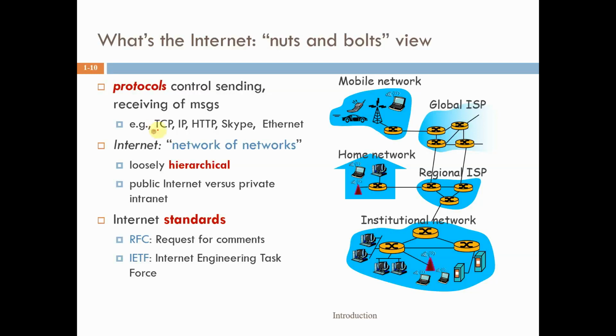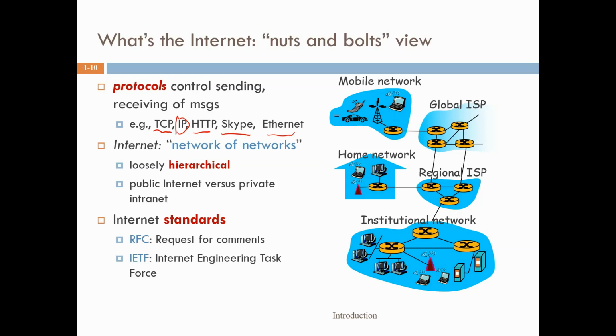Examples are included in the slide, such as the TCP protocol, the IP protocol, which is where your IP addresses come from, and the HTTP protocol. Skype has a set of proprietary protocols because it's owned by a company; they're not public protocols. There is the Ethernet protocol, which we will discuss, I think, in this lecture as well. So there are several protocols, each one doing a particular functionality in the network.